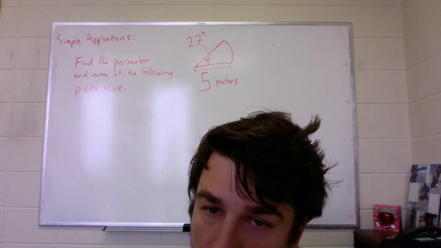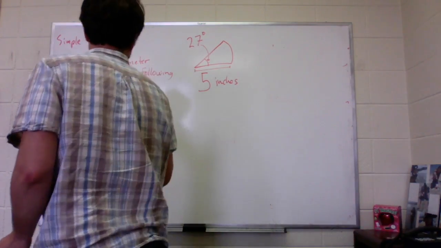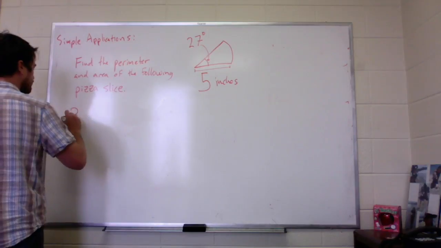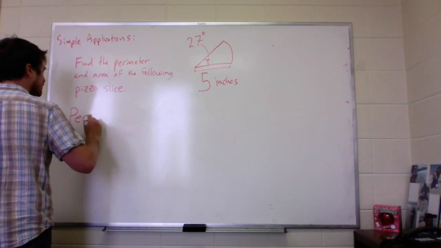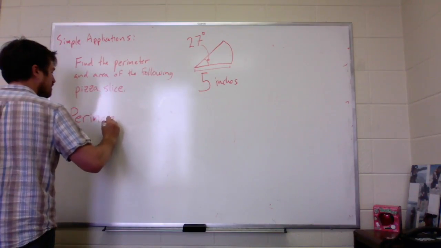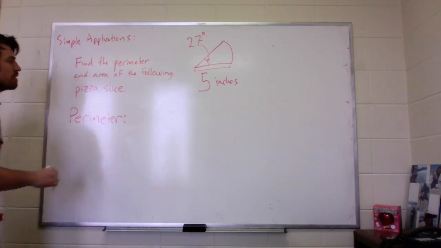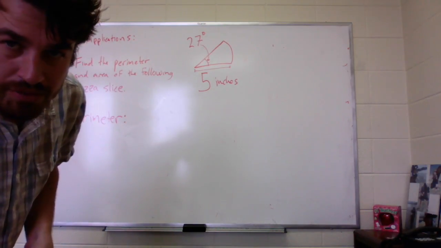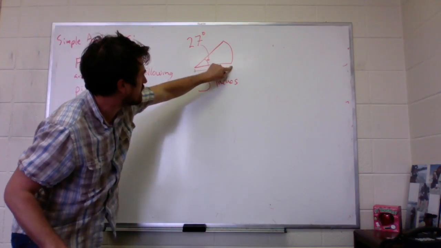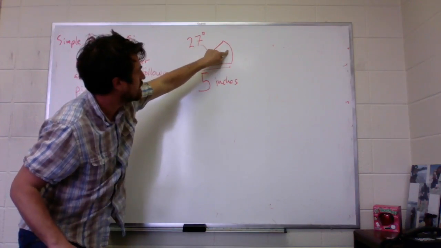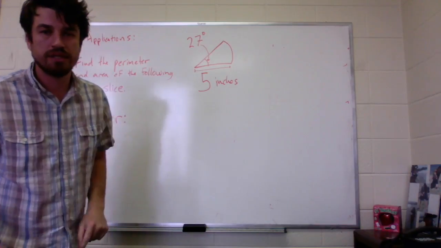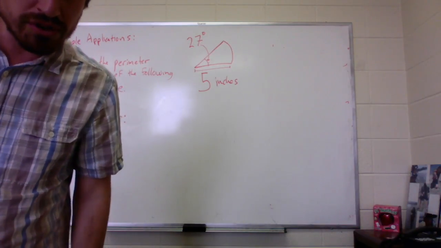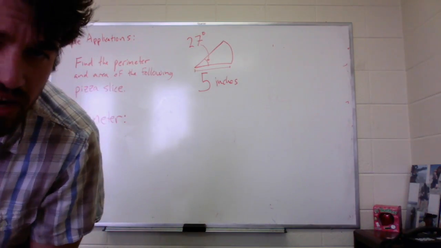So first, let's start with the perimeter. The perimeter is, of course, composed of 3 parts: this side, this side, and this little piece here. Of course, the straight sides don't require any mathematics.